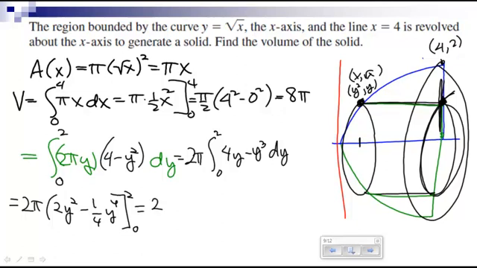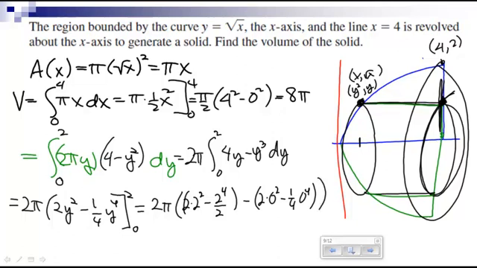This is equal to 2 pi times 2 times 2 squared minus 2 to the 4th divided by 2. So there's all of that stuff evaluated at the high end, minus 2 times 0 squared minus 1/4 times 0 to the 4th.